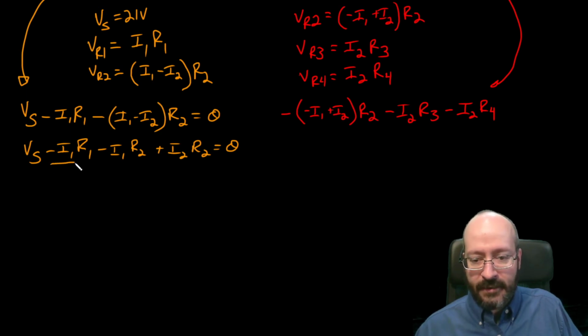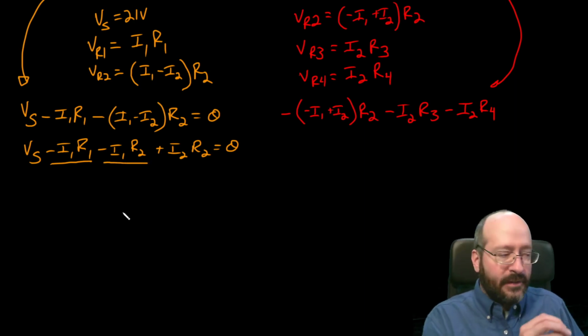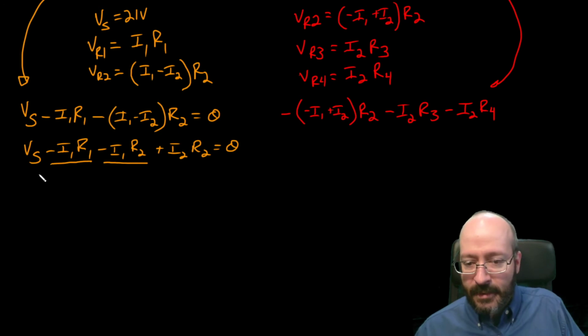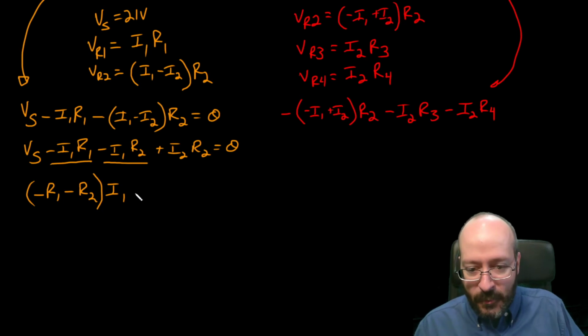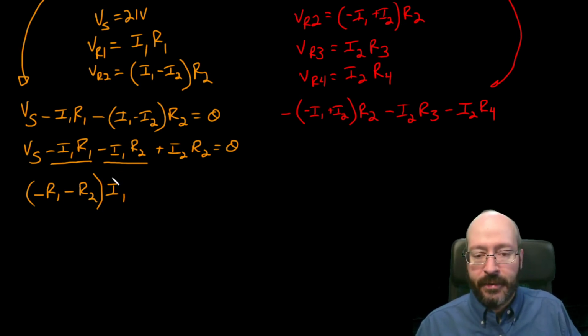Okay, grouping like terms, I'm looking for things that are in front of I1. So I have a term here that has I1, and I have a term here that has I1. So I'm going to start with those, and I'm going to pull the negative and the R1 out. Okay, negative R1, and I'm going to pull this out too, negative R2. Okay, and that's all in front of I1. If I were to distribute the I1 back in there, I would end up with these two terms.